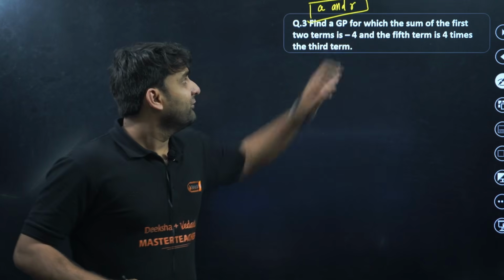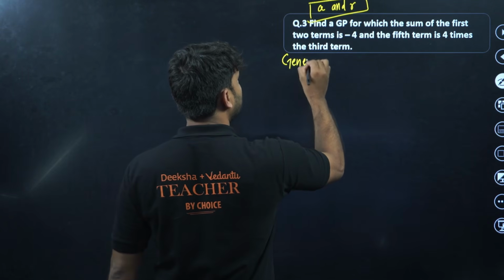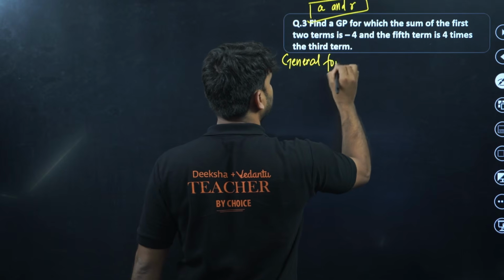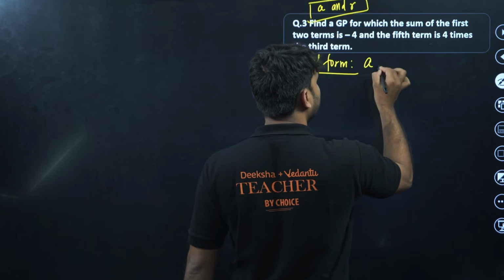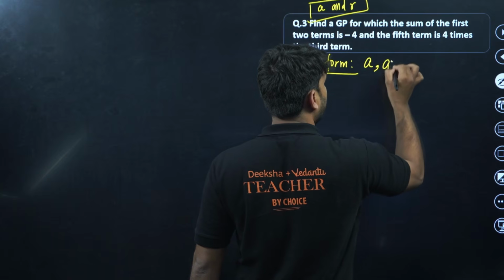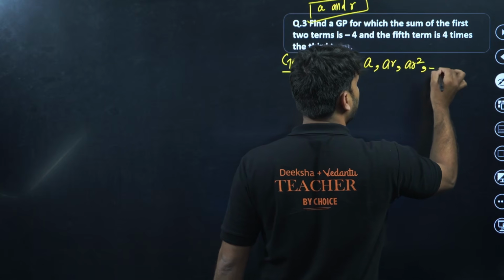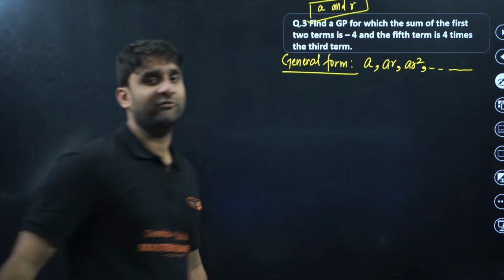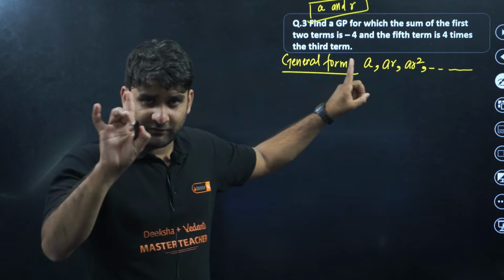Okay. Find a GP. Basically, let me write the general form of GP. So how does the GP look? This is A, the first term, AR, the second term, AR square, the third term, and so on. This is the general form of GP. For the second term, the power of R is 1.